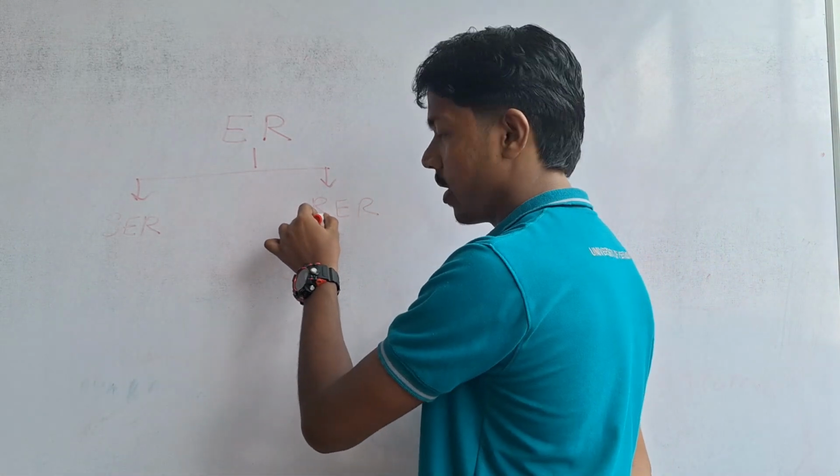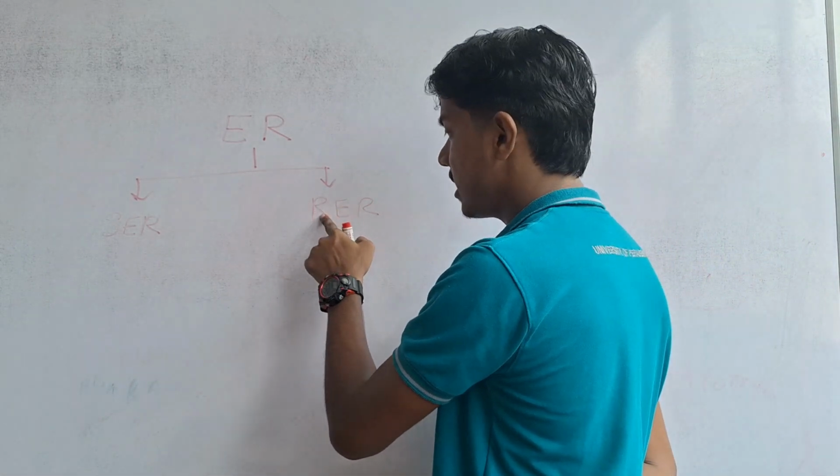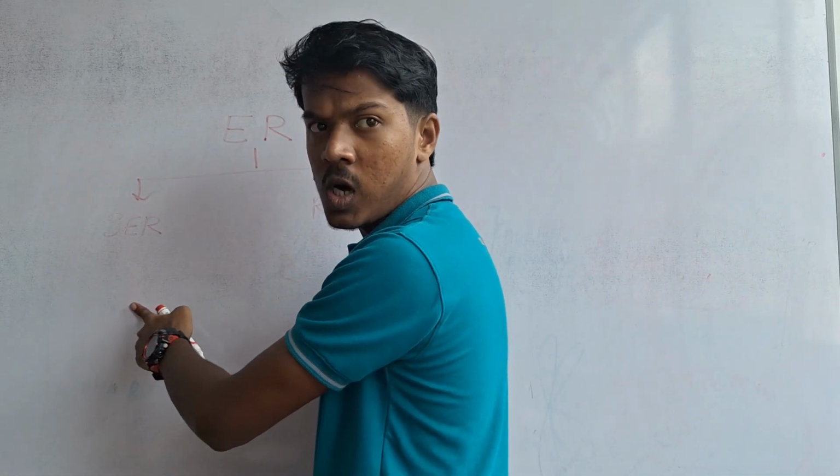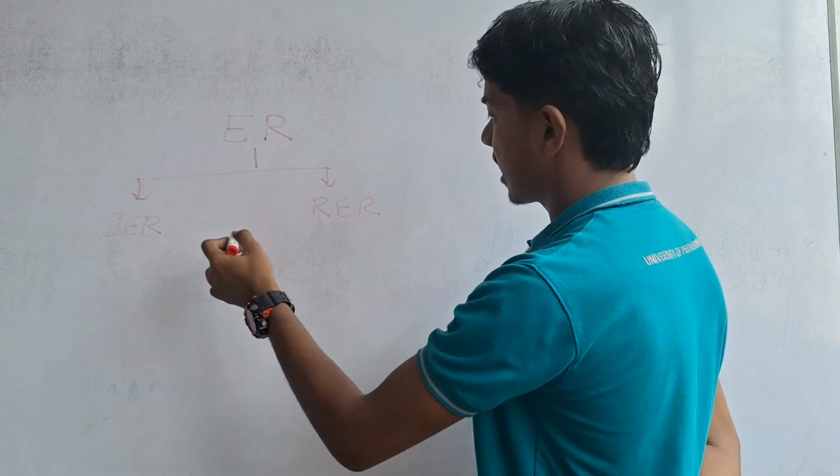Rough endoplasmic reticulum contains ribosomes in its membrane. Smooth has no ribosome. Other than that, they are structurally different.